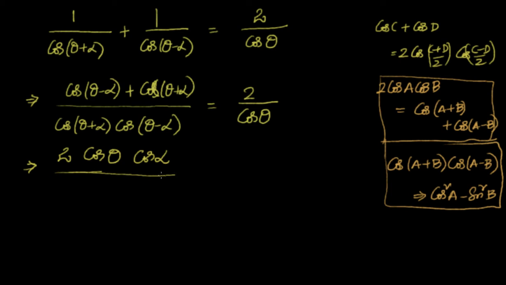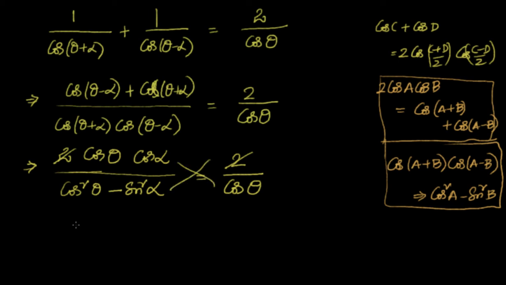Right. Now what you can do here? This is nothing but cos square theta minus sin square alpha equal to 2 by cos theta. I'll cancel 2. I will do cross multiplication, so that let us see what happens.